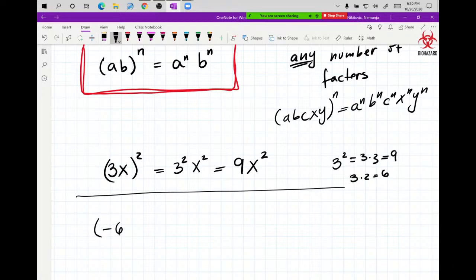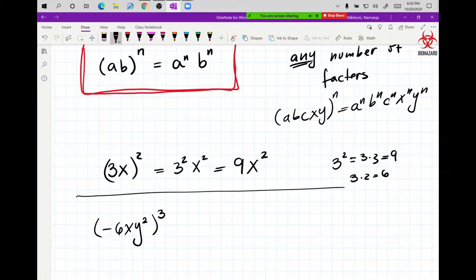Negative 6x y squared, everything cubed. Stuff like this is also very frequent, and it's only going to use the rules that we have, right?